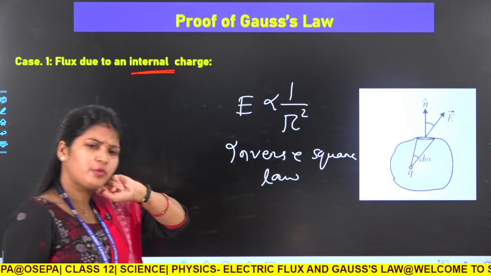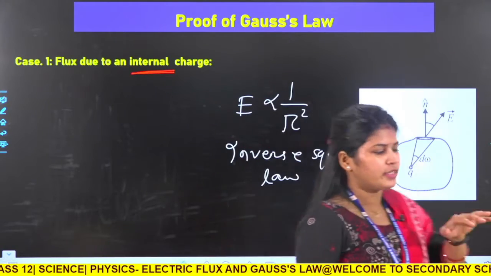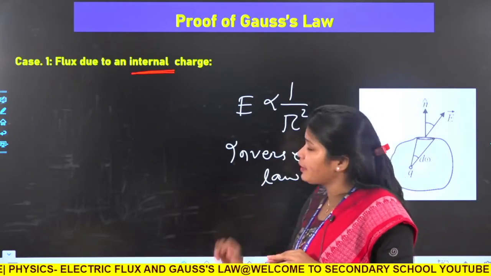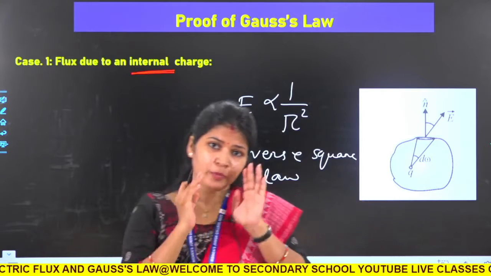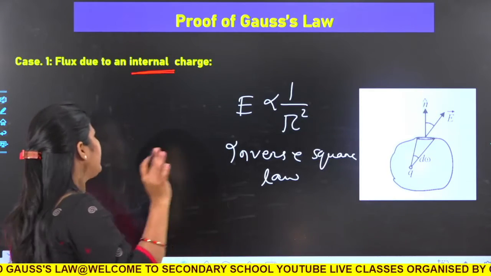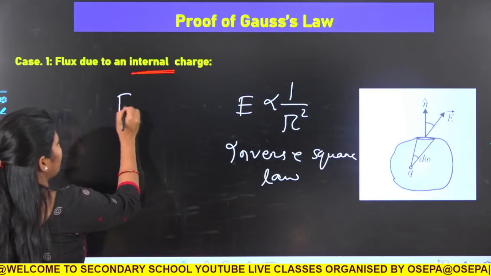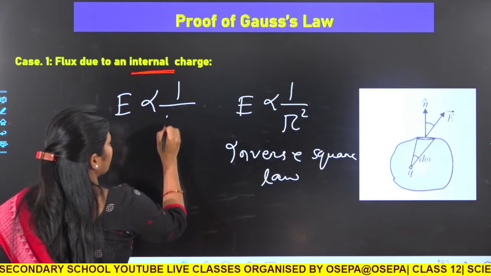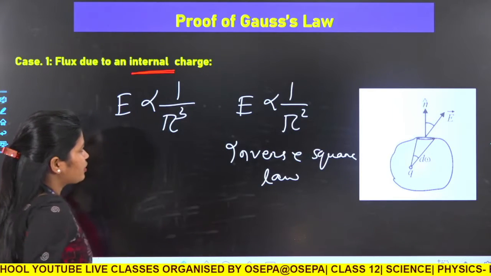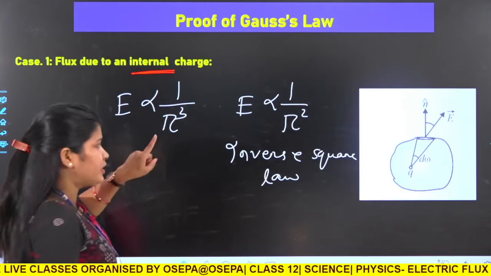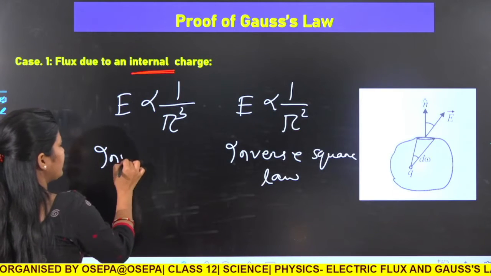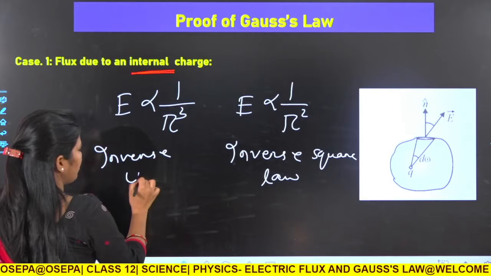But here the question arises whether Gauss law can be derived for dipoles. Clearly not, because for the dipole the electric field is proportional to 1 by R cube. That is, for the dipole it is an inverse cube law.